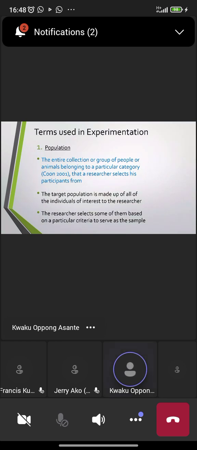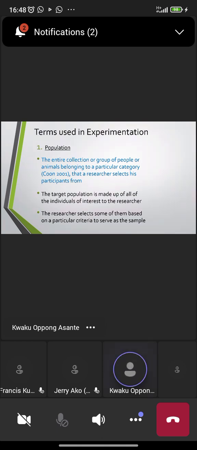So population is an entire collection of group of people that the researcher wants to select participants from. Now, if I'm interested in DE students, distance education students, so all categories of students who are part of the DE program, you will be my population.